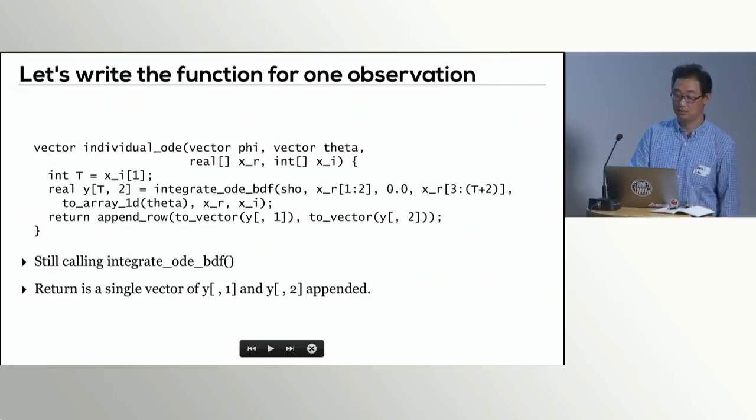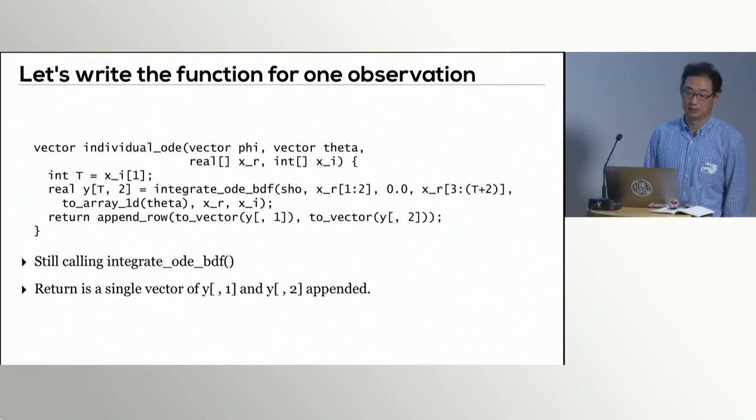And then 0.0, I could have passed that in as xr 3 and then shifted all these, but what I did was just hard-code 0.0. And the rest of the times are here. Since theta is a vector, I need to change it to an array, so I just use this to_array_1d. And then these don't matter, so I just pass an xr and xi. I could have been a little more clever, but didn't need to.